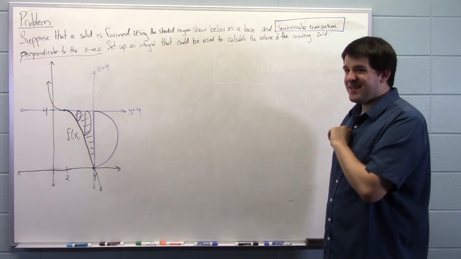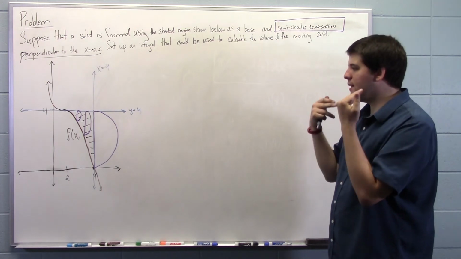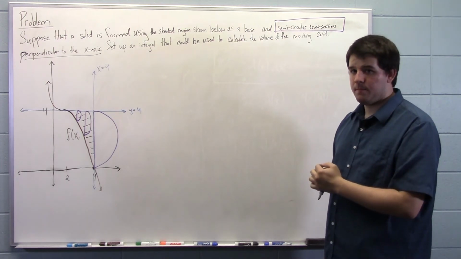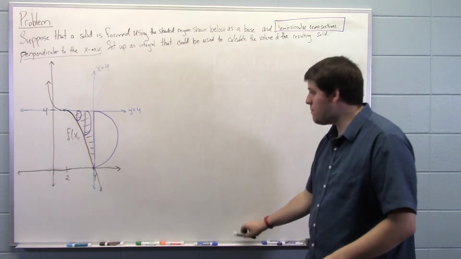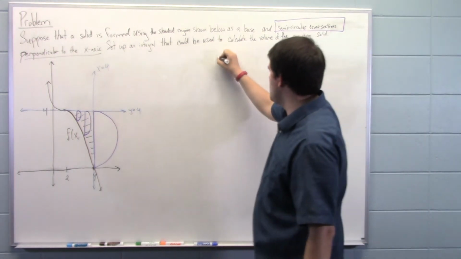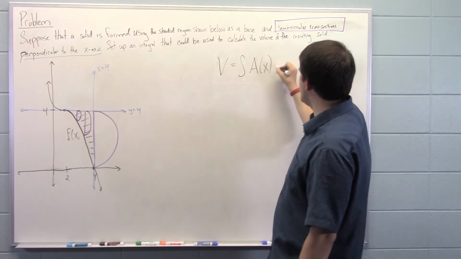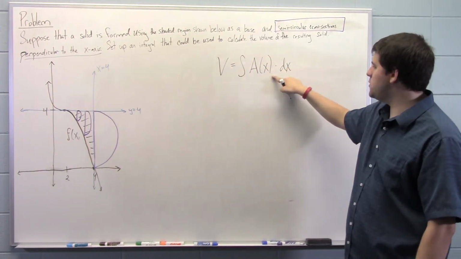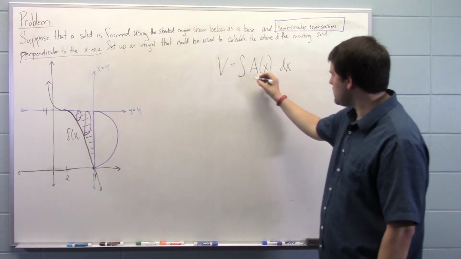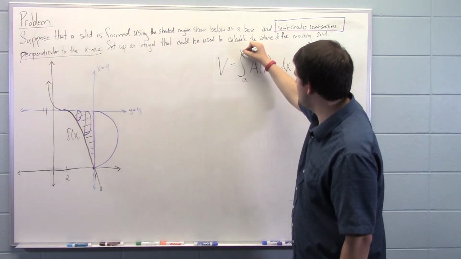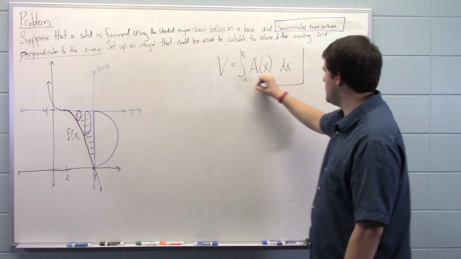But remember, your sketch doesn't really have to be perfect as long as it gives you an idea of the situation. So now we remember that in order to get the volume of a region, you want to integrate the function that gives you the area of the cross-sections from the starting x value to the ending x value of the region.